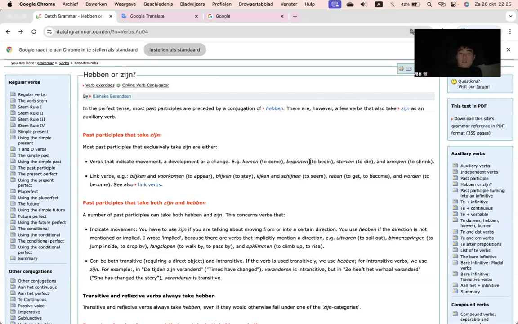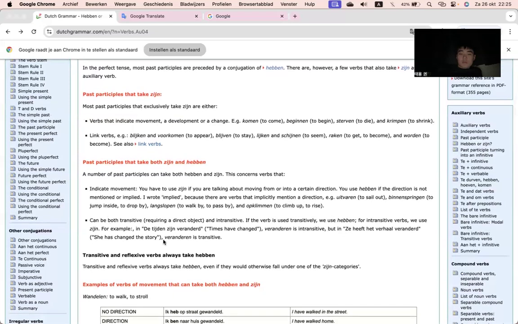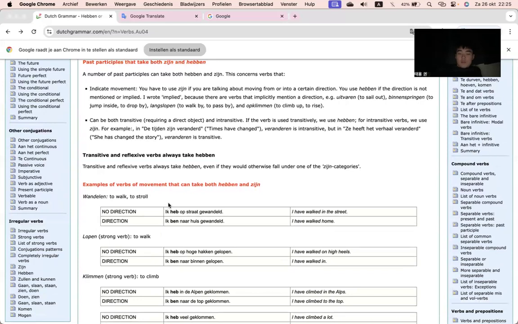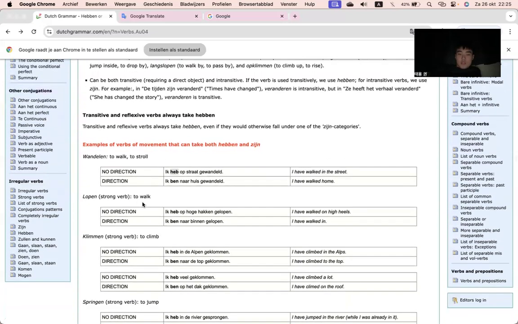Komen, beginnen, sterven, krimpen. Ik heb op straat gewandeld. So in this case, they take heb. Lopen takes heb.